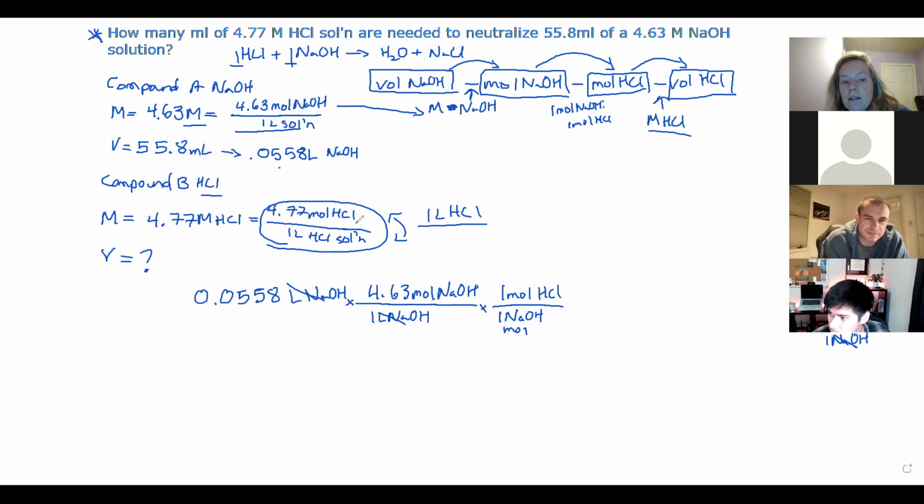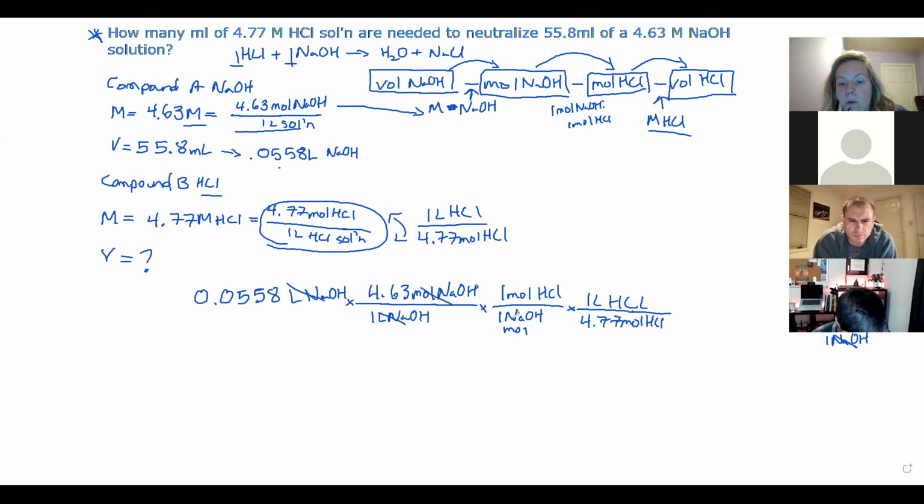I want liter HCl, and we need 4.77 moles of HCl. So we'll flip-flop this. Now, what that allows is the hydrochloric acid mole value to fall out. So 4.77 moles of the HCl is equivalent to 1 liter of the HCl. And look at how nifty that is. There go the moles of the NaOH, and there goes the moles of HCl.